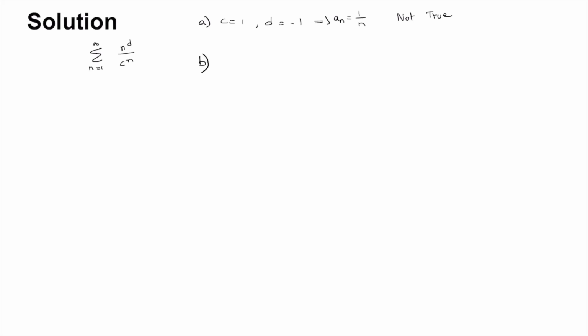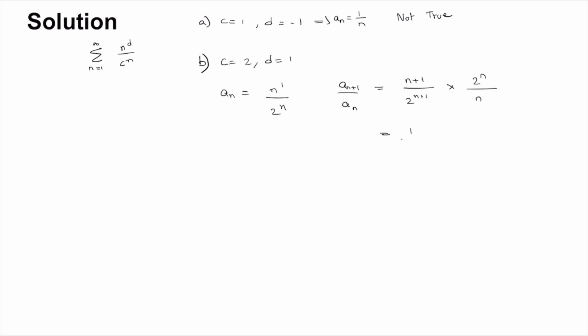Now let's look at option B. Option B is that C equal to 2 and D equal to 1. Now what is going to be the ratio test for this? It is equal to n plus 1 divided by 2 power n plus 1 times 2 power n by n.